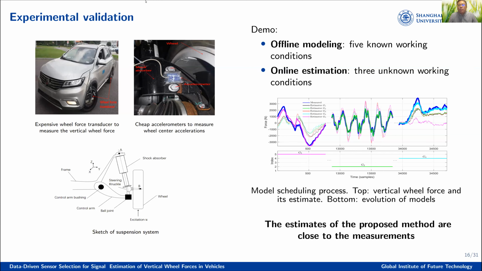The estimates of the proposed method are close to the measurements, as you can see from the figure. When the driving condition changes, the model can easily identify the most appropriate working condition to select the model and conduct the online estimation.